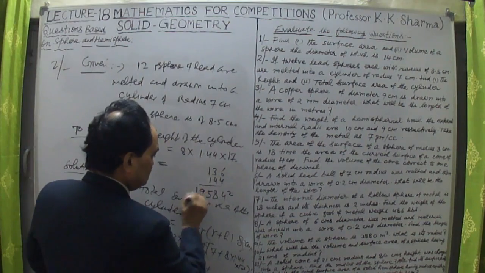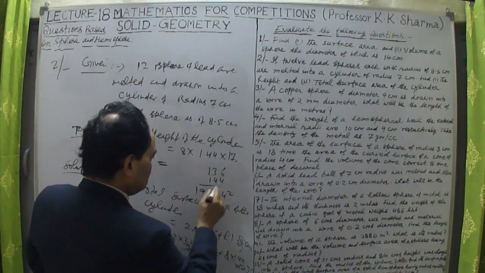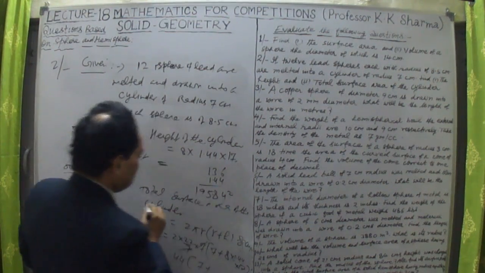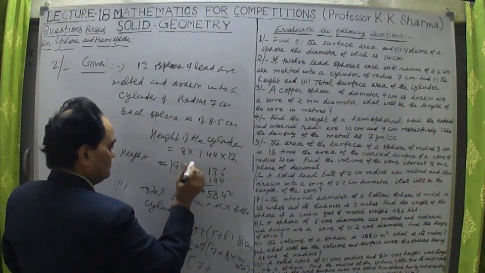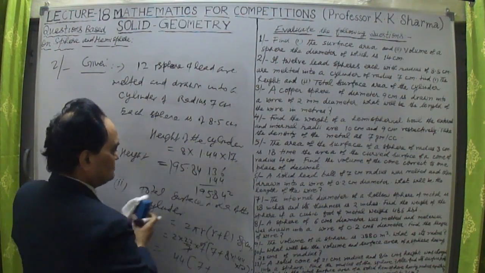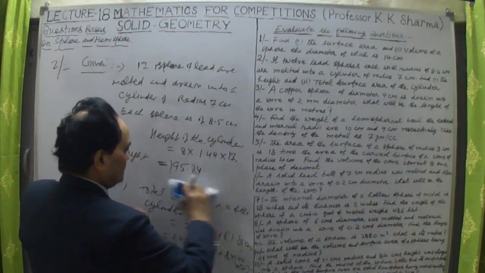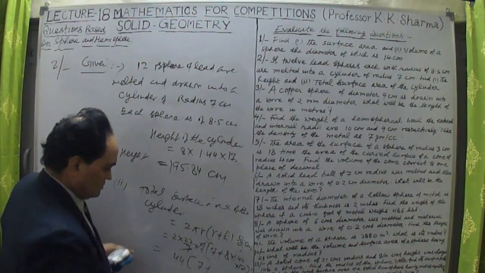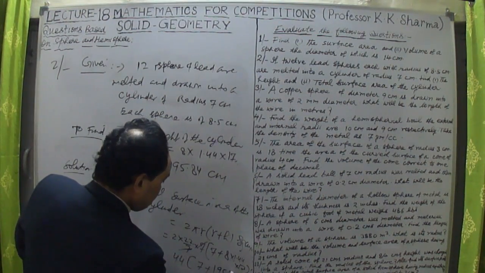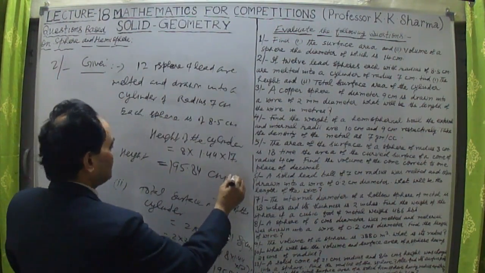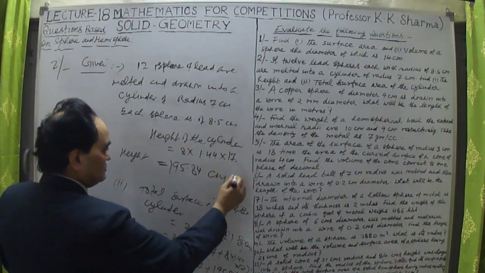Then 1 1 is 1. This is the value here. The point is after 2 decimals. Let me take the height, 195.84, about this value, in centimeters. This is height, 195.84 centimeters. Okay, this is the first answer.